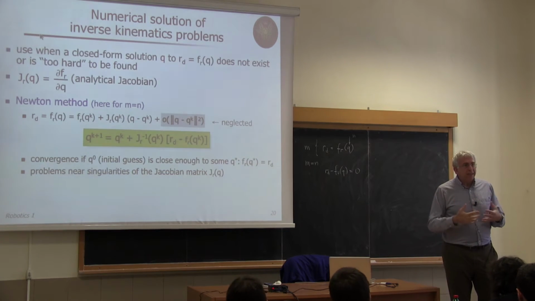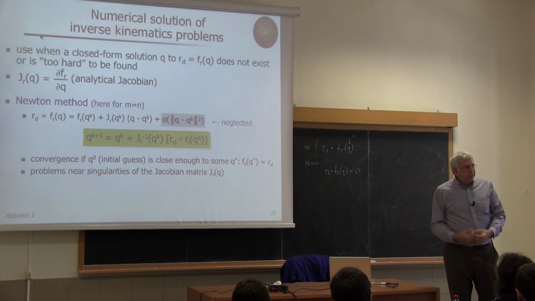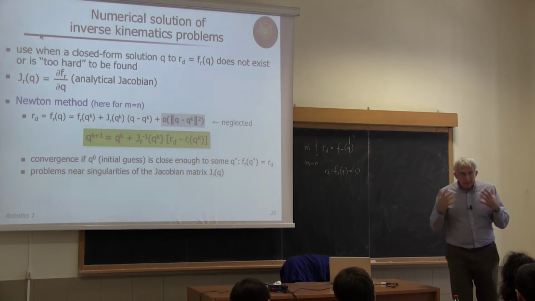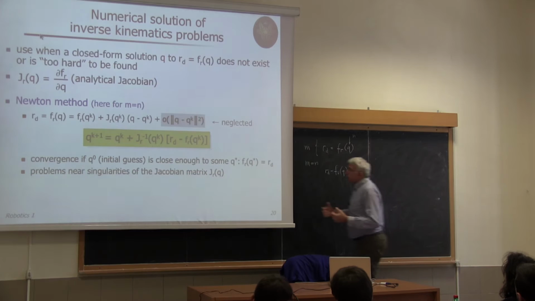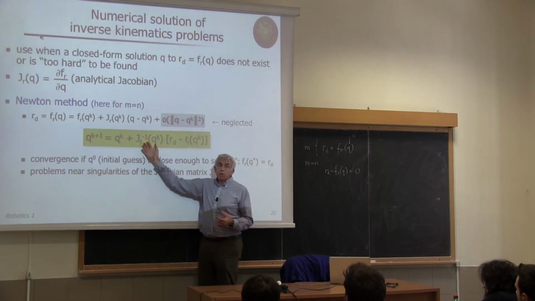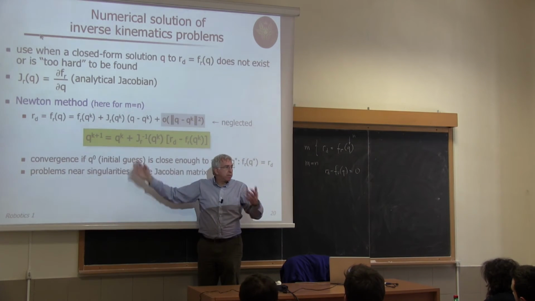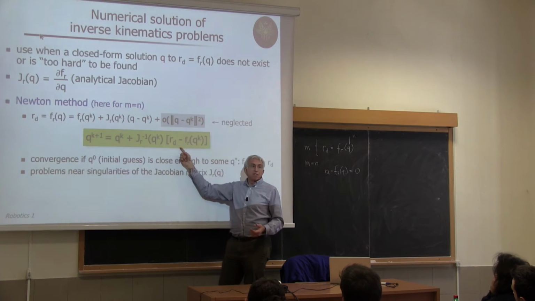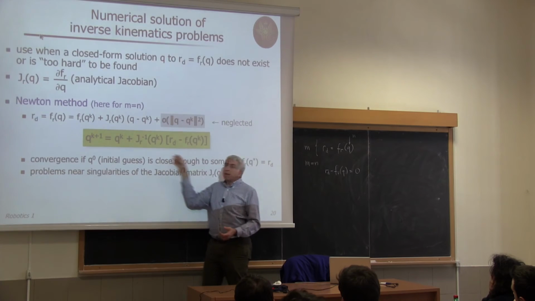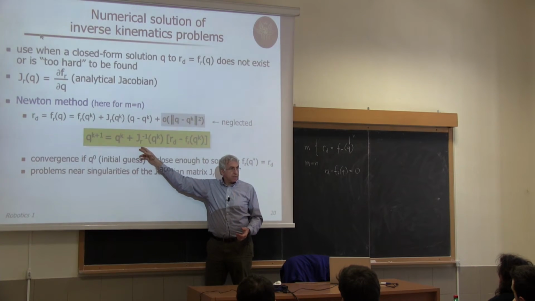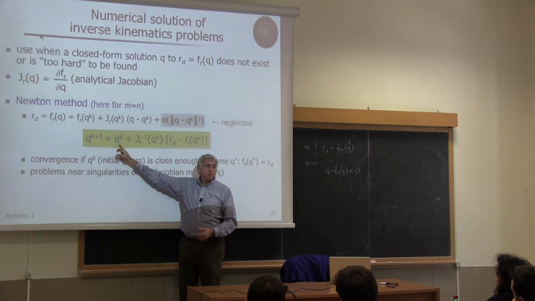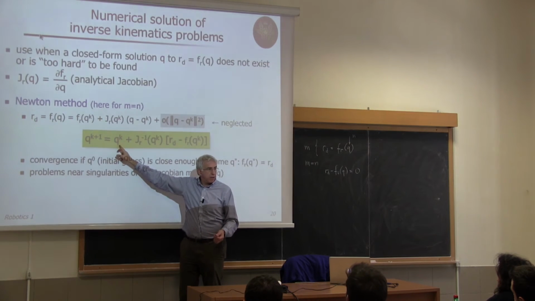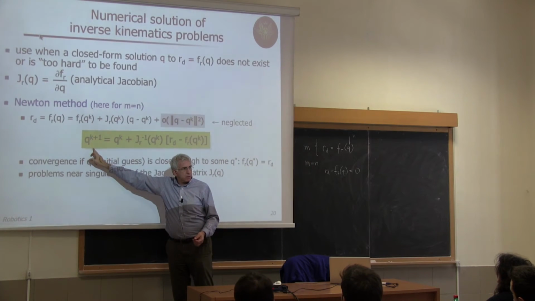But the point is that not only if we are in a singularity of this matrix, but even if we are close to a singularity, we can still invert this matrix, but the inversion will involve 1 over the determinant, and the determinant will be very small, which means that even if the error is small, we will amplify this update, and we will move very far away from the current QK to the new QK plus 1.